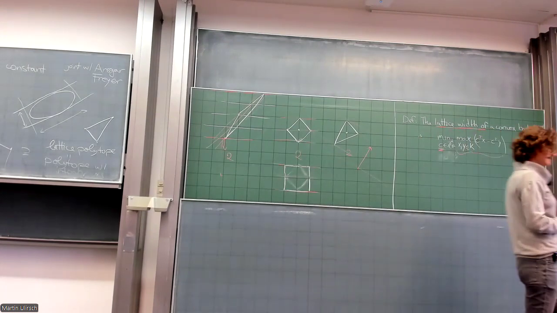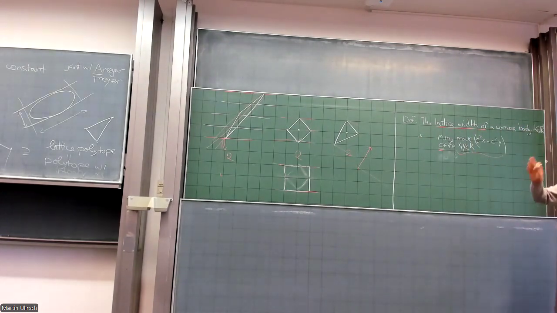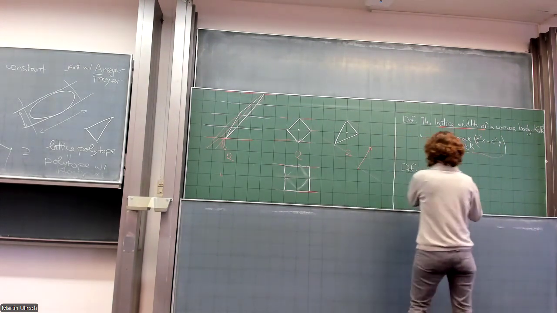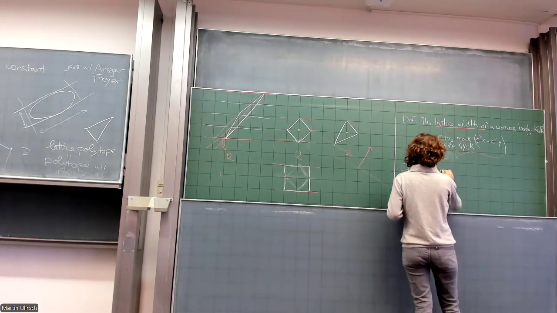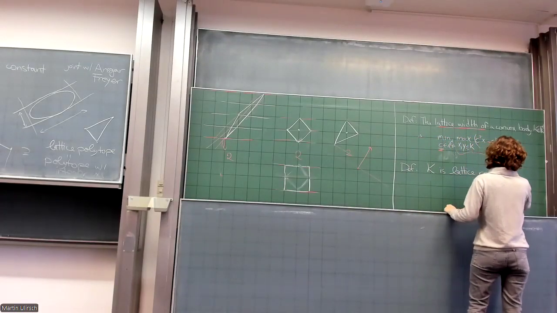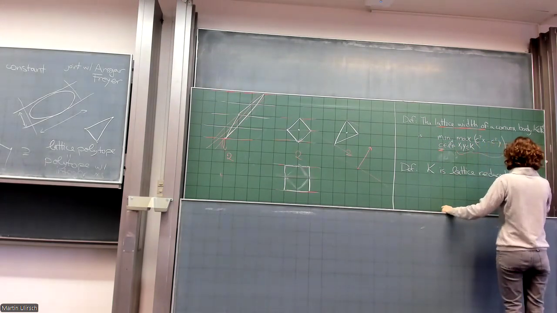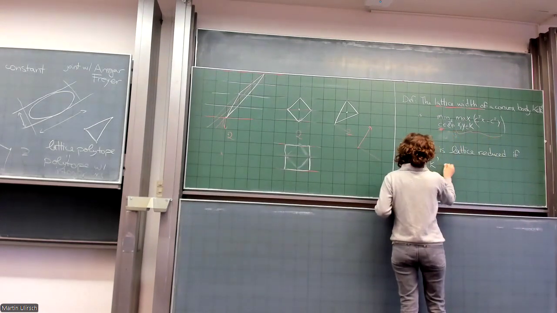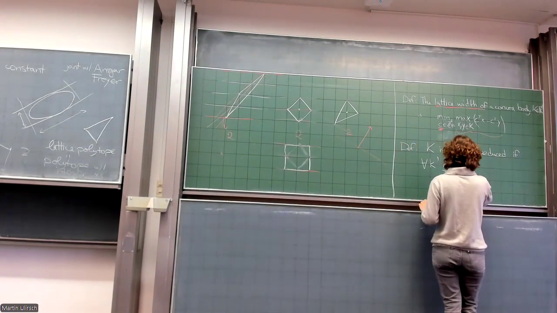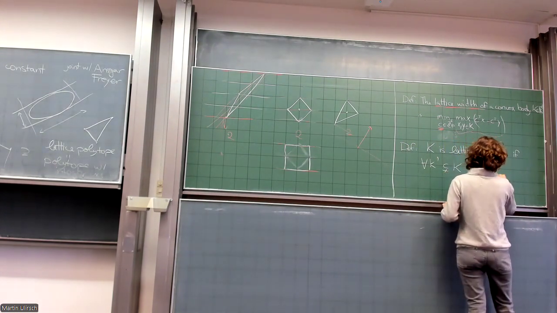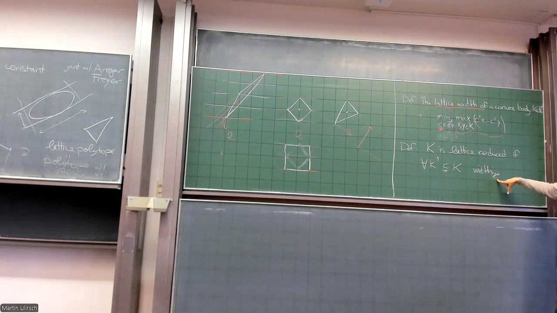That's what the lattice width is. And now I give the same definition that was there. I say that K is lattice reduced if for any K prime, which is strictly contained in K, the lattice width, this is the last time I'm going to put the lattice in here.